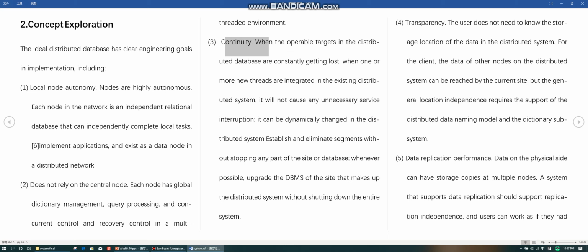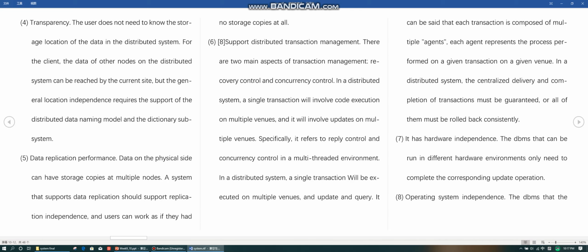And it also has transparency. The user doesn't know the storage location of the data in the distributed system. Data replication performance: data on the physical side can be stored and copied at multiple nodes. A system that supports data replication should support replication independence, and users can work as if they had no storage copies at all.